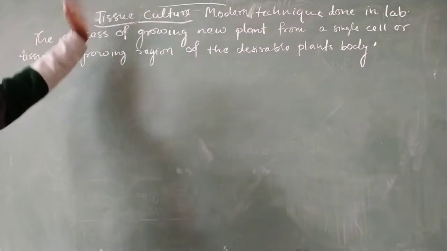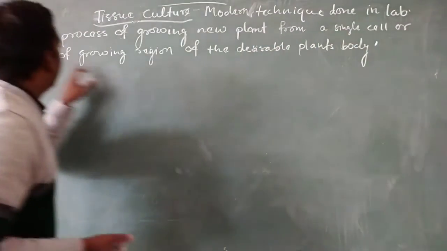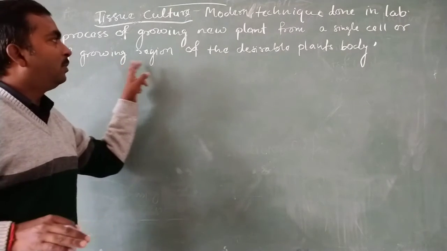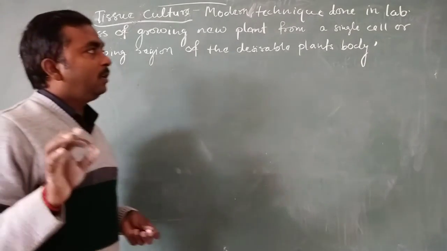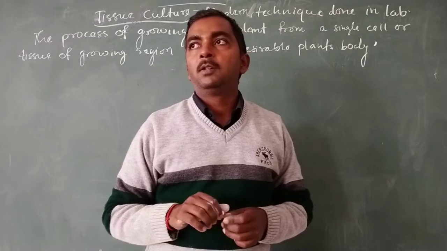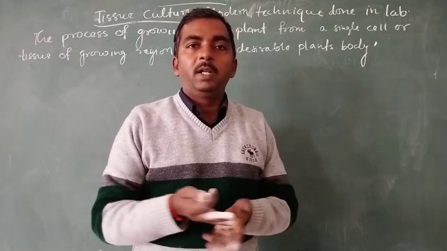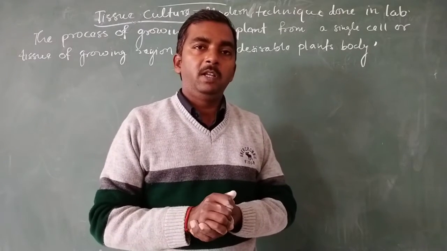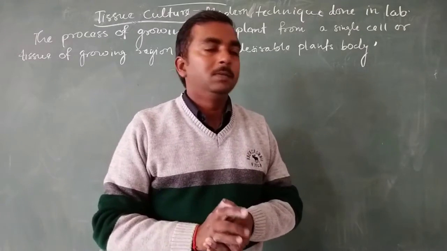It means that in this process we need to take a single cell or a special tissue from the growing region of the plant's body, the desirable plant's body. Desirable means the plant we need to propagate, the plant with favorable or good properties, or a plant with good quality of yield.